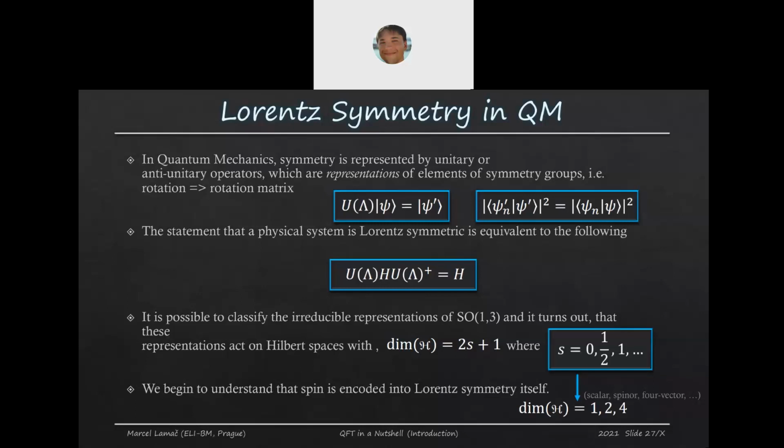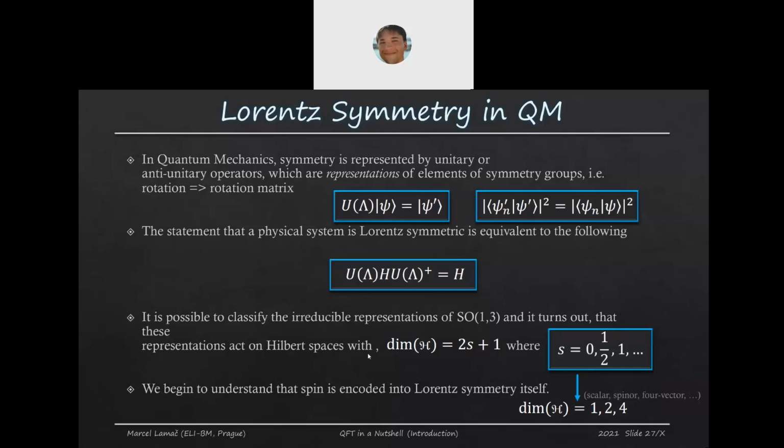For example, this is just a simplified example, but the dimension of this Hilbert space is 2s plus 1, where s is some discrete number. These irreducible representations have dimensions that go with a discrete number, which goes as integer or half integer.